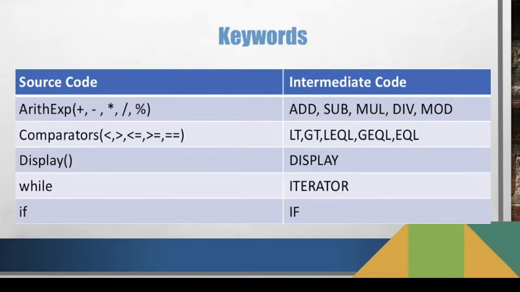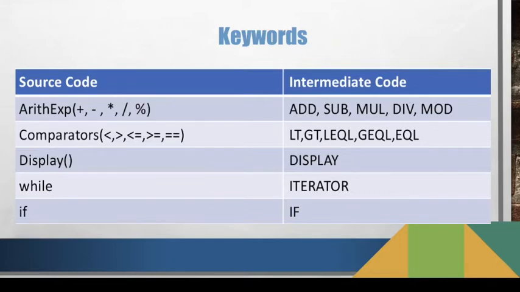We have LT for less than, GT for greater than, LEQL for less than equal to, GEQL for greater than equal to, and EQL for equals. Display is capital DISPLAY. For while we have used ITERATOR in capital, and for if we have used IF in capital. Now Drishti will explain some of the sample programs.